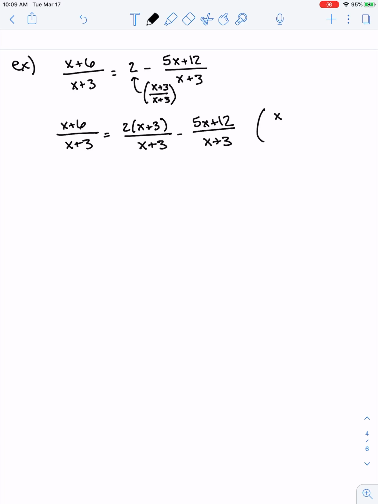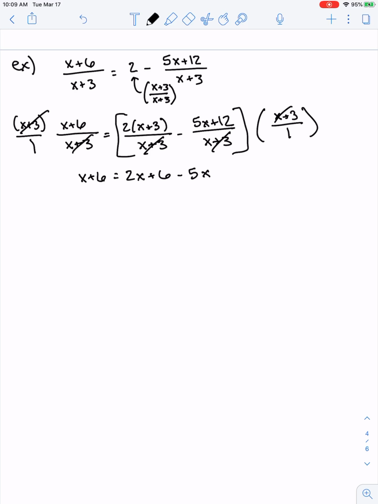If I multiply both sides by x plus 3 over 1, they will cancel out, and I end up with x plus 6 is equal to 2x plus 6 minus 5x plus 12. And I'm going to go ahead and combine all my like terms.